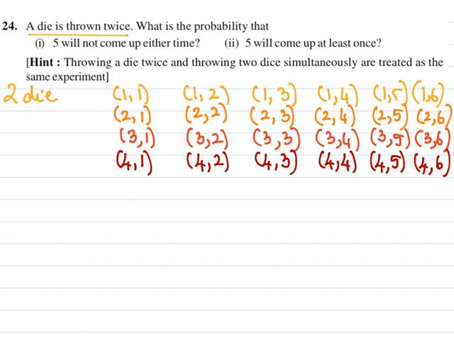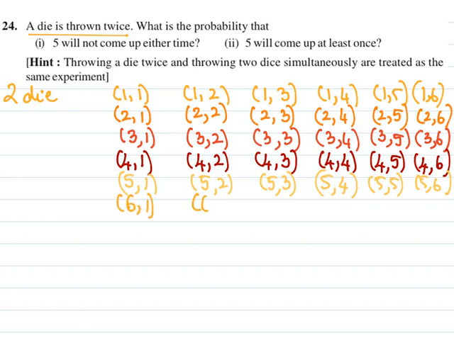Then we have 5,1, 5,2, 5,3, 5,4, 5,5, 5,6, and last we have 6,1, 6,2, 6,3, 6,4, 6,5, 6,6. So total we have 36.